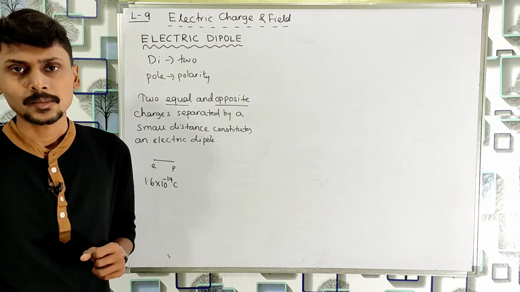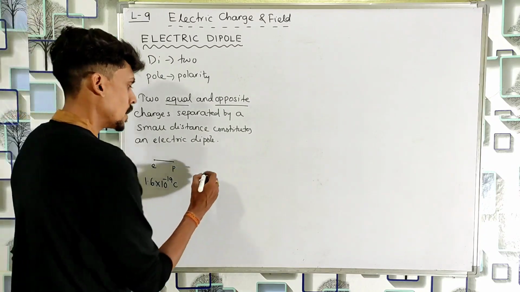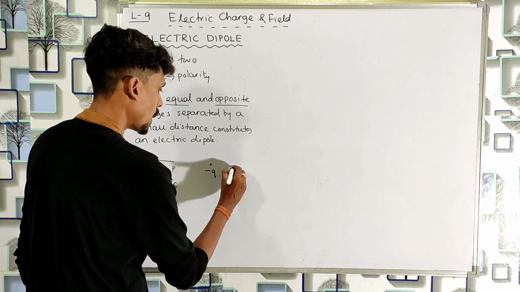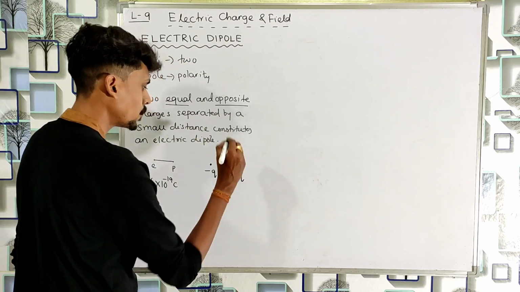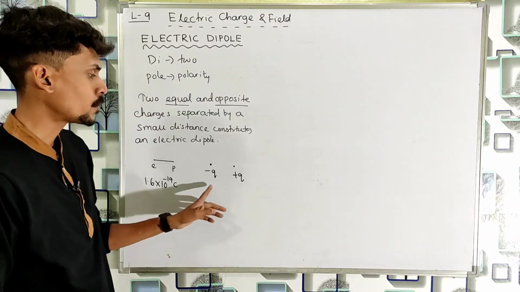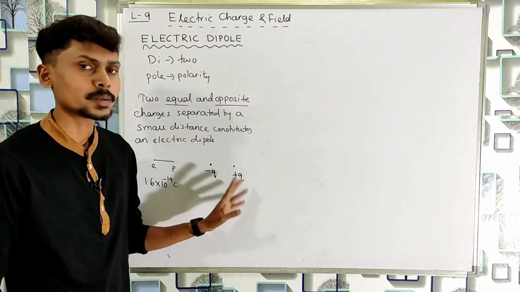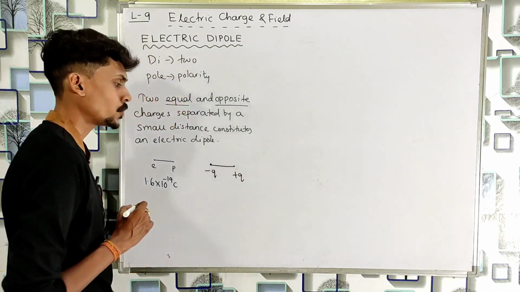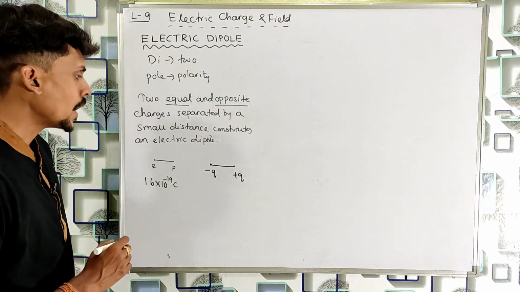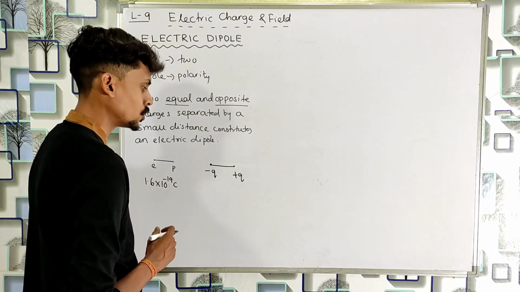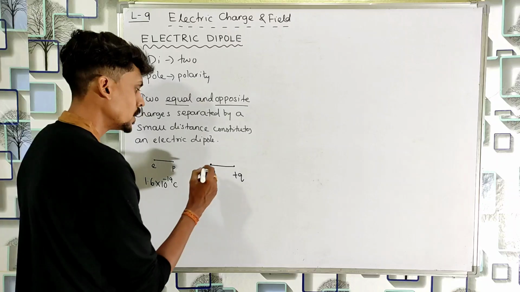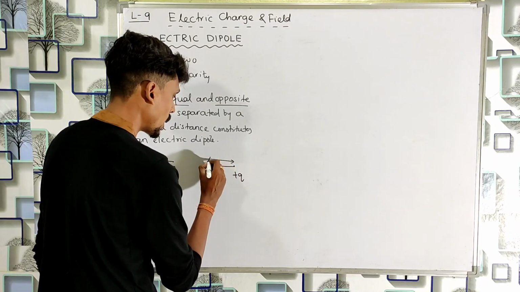So in general, in an electric dipole we have two charges, minus q and plus q, negative and positive, and there must be some distance between the two charges. This distance is known as the dipole length, and it is represented by 2a.